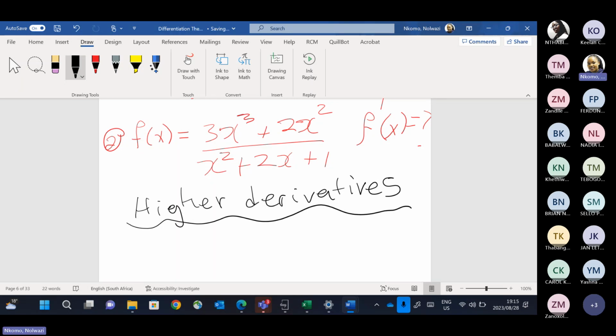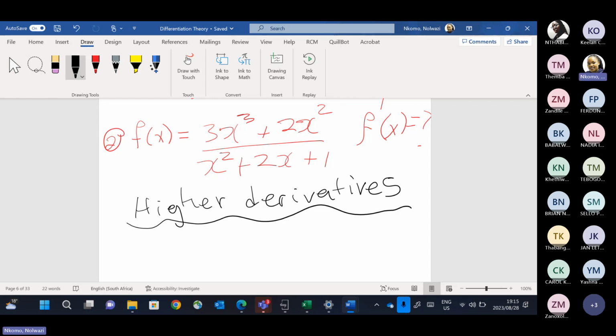Okay, higher order derivatives. This is just the process of taking the derivative of a derivative. Sometimes the first derivative can capture some information about most functions.